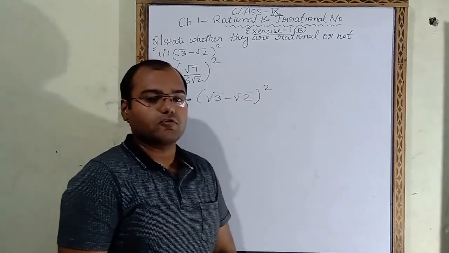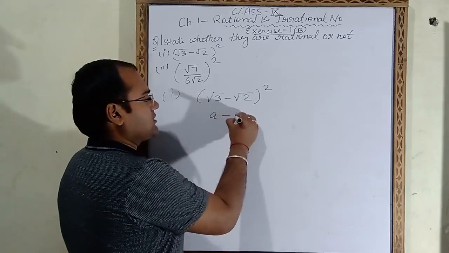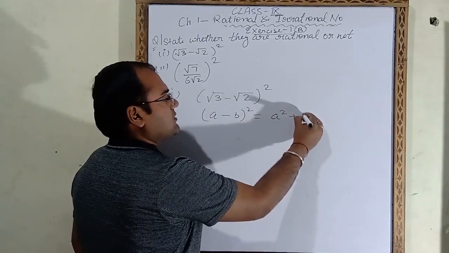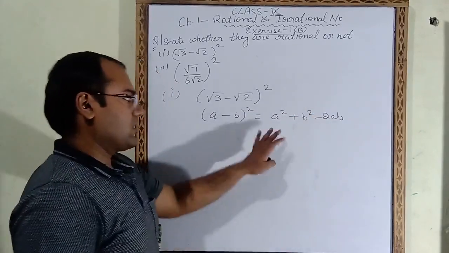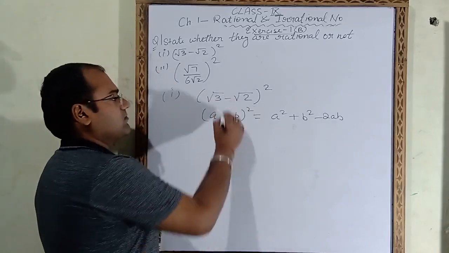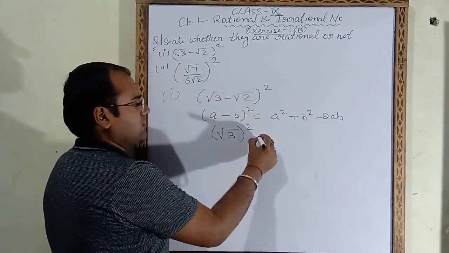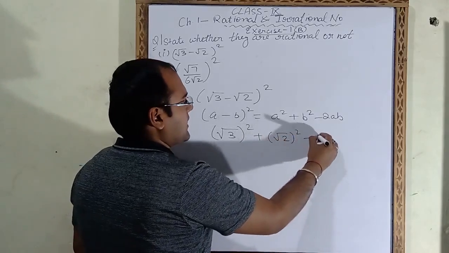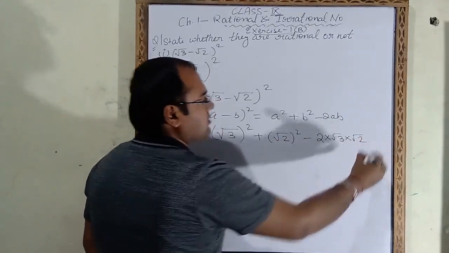So first of all we have to use formula A minus B whole square is equal to A square plus B square minus 2AB. This formula we will use here. So here we will get under root 3 square plus under root 2 square minus 2 into under root 3 into under root 2.